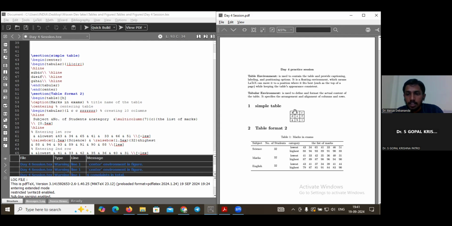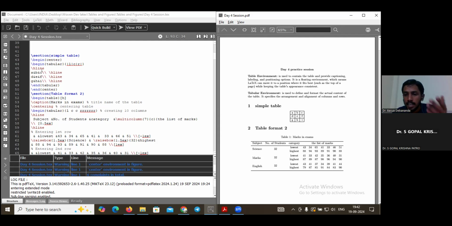Then the first row elements are A, B, C: A & B & C. When I write ampersand, it separates A and B, and we get 2 columns. Again ampersand, the third column. Ampersand is used for column separation.